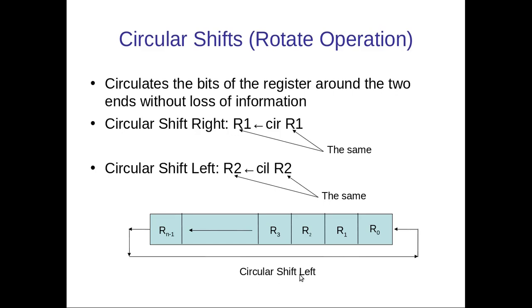The circular shift left can be represented like this: Rn-1 will be fed into R0, that is, the most significant bit will be fed into the least significant bit position. The circular shift right is just the reverse: the least significant bit position will be fed to the most significant bit position.